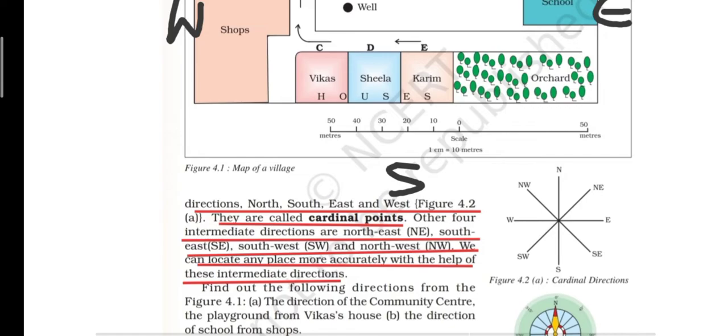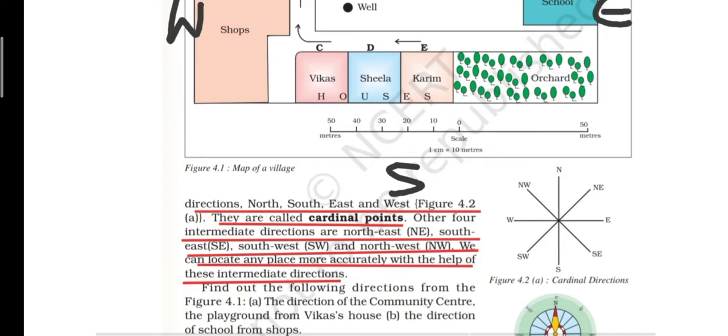now once you have the knowledge of where the north direction is, we can easily find out the other 3 directions, that are the east, west, and south. For example, if we know the north direction, the opposite of north will always be south.